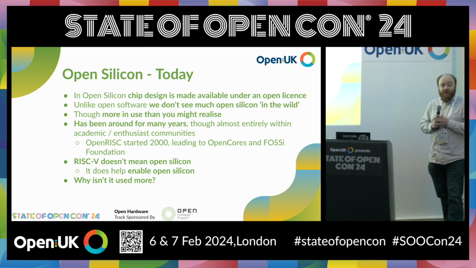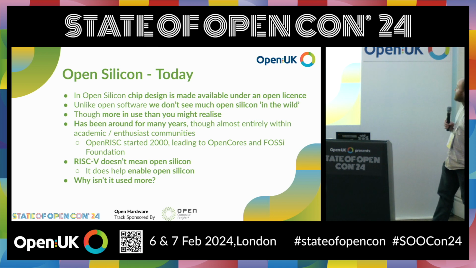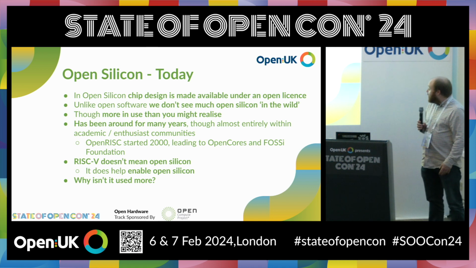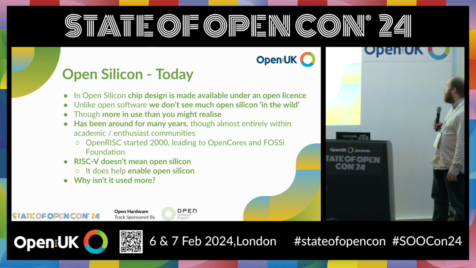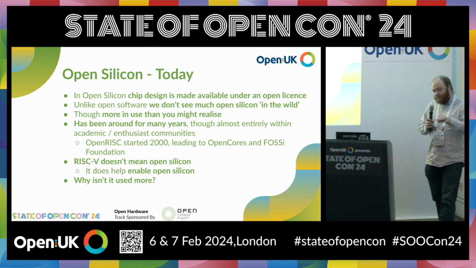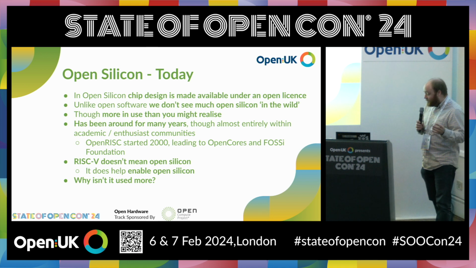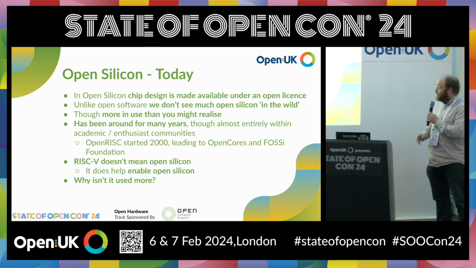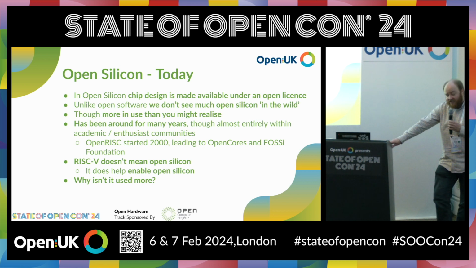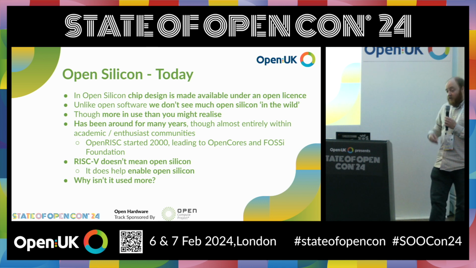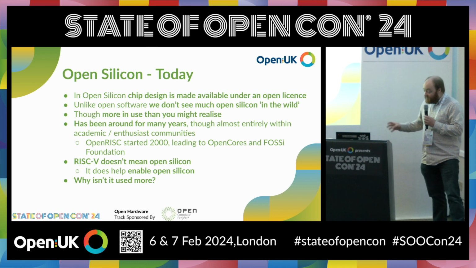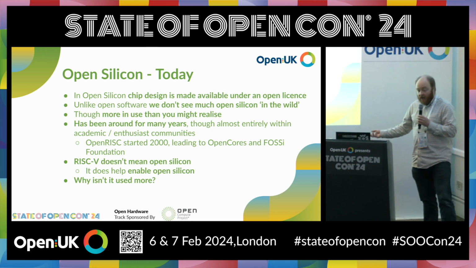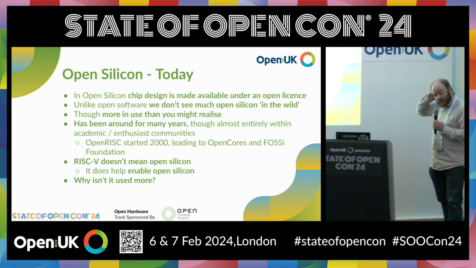And open silicon itself has been around for many years. There are various examples to point to, but it's mostly been part of academic communities and enthusiasts rather than the industry picking it up. One example would be OpenRISC. This is an open CPU architecture, like RISC-V. It's also got an open implementation of that CPU architecture.